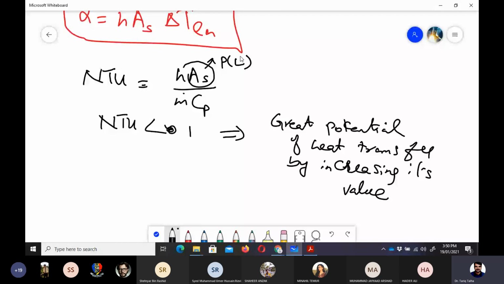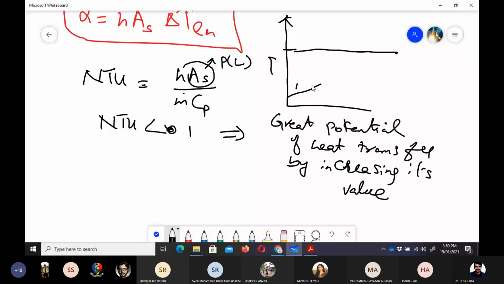So if we draw that T curve again here, we discussed that it goes like this. When NTU value is less, it means that we are somewhere here in this region.